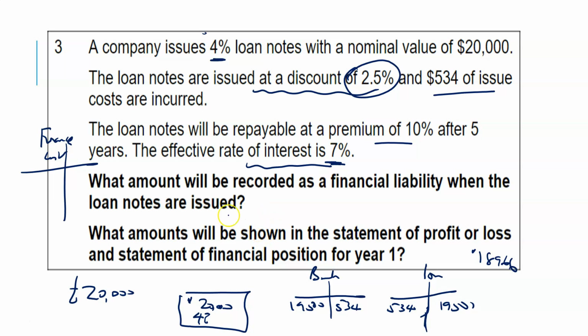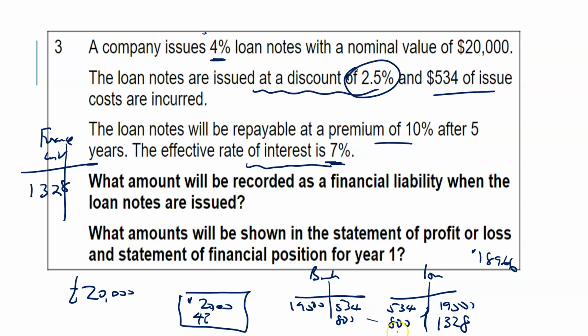So you have a finance cost of 1328. I'll just round that up. You have agreed to pay 4% every single year on this 20,000, so 0.04 times 20,000, which is 800. So you will pay every year out of your bank 800 towards this loan.